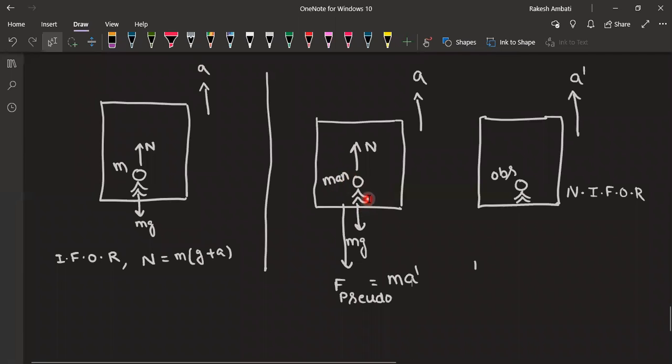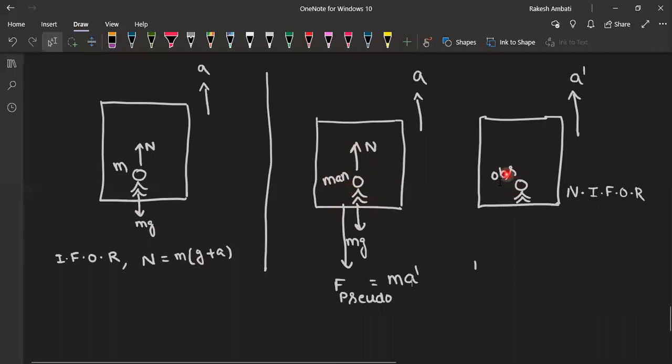Applicable, because we have used pseudo force. Directly, NLM equations are not applicable in a non-inertial frame, but if we consider the pseudo force along with real forces, we can apply Newton's laws of motion.